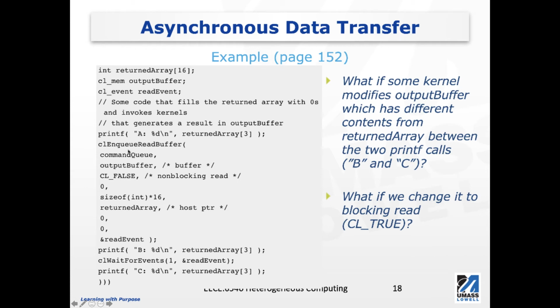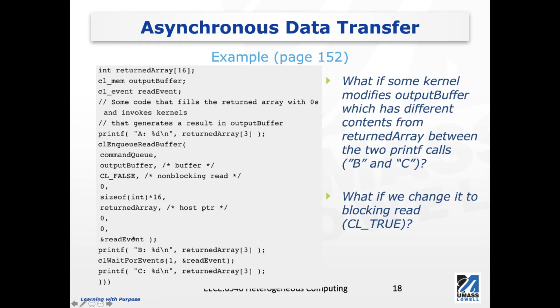Next line is the enqueue read buffer API. So we call this API by supplying the output buffer as the memory object we're going to read the data from, and we use here in this example CL_FALSE as the non-blocking read. So this read operation is non-blocking, and then we supply the number of bytes to be read, and then the destination, which is the return array that we want to fill out.